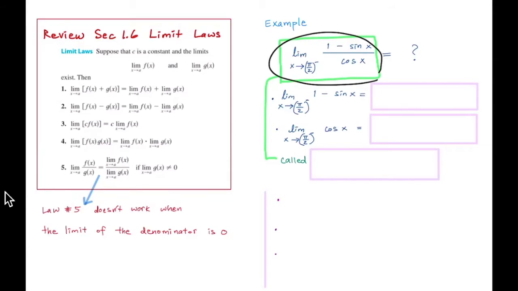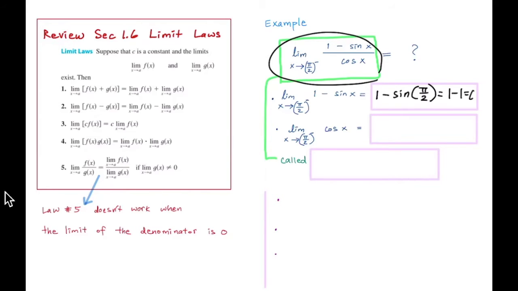If we compute the limit of the numerator and denominator separately, we would get that the limit of 1 minus sine of x as x approaches pi over 2 from the left would be 1 minus sine of pi over 2, because sine is continuous everywhere and sine of pi over 2 is 1.